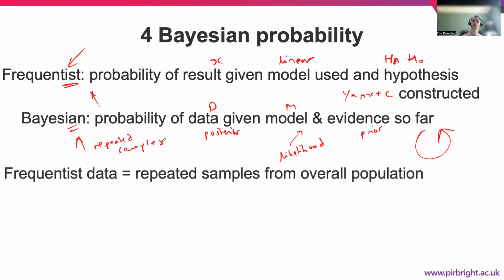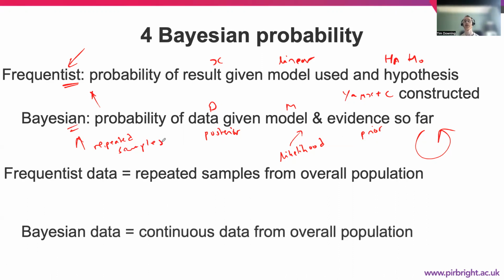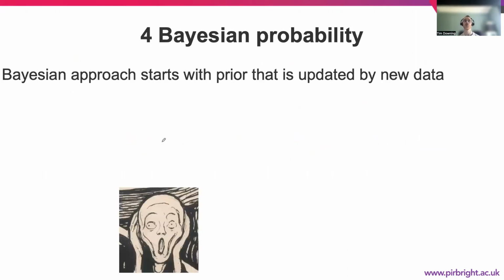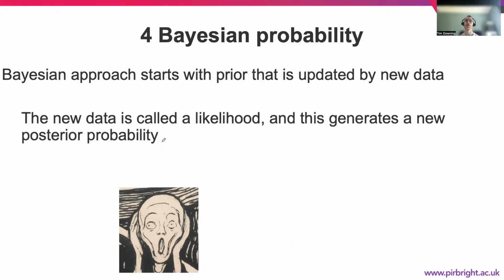So we also know the frequentist data is repeated samples from an overall population, whereas Bayesian data is going to be sort of continuous data. In addition, the Bayesian approach starts with a prior that is updated by new data, where this new data is called a likelihood, and this generates a new posterior probability.